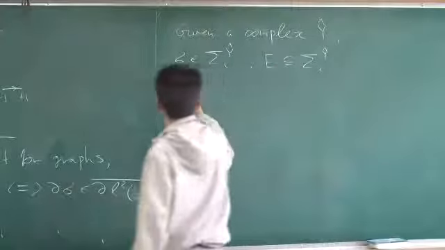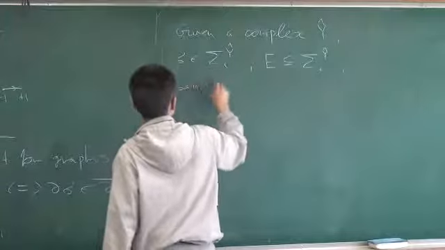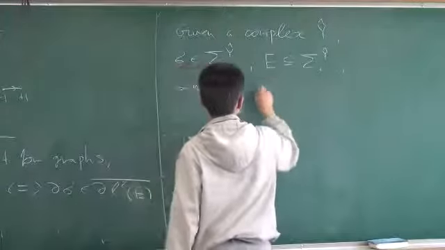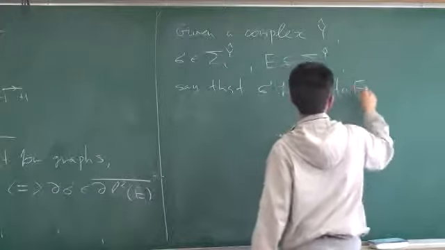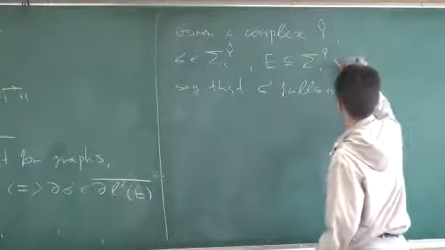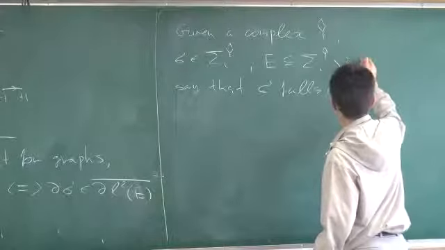Say that sigma falls into E. Yeah, and I assume they are disjoint. So this is minus sigma.